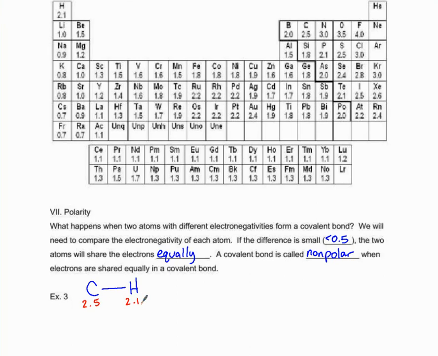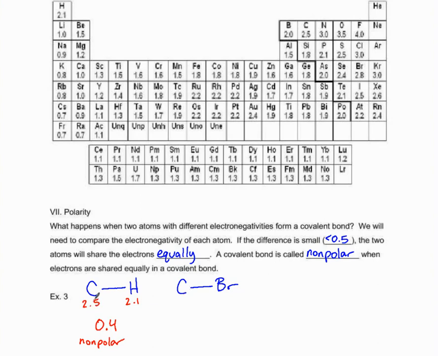And we look at the difference between them. And the difference between 2.5 and 2.1 is 0.4. And that would be less than 0.5. So we could classify this particular bond between carbon and hydrogen as nonpolar. We could also look at a bond between carbon and bromine. So again, we're looking at the electronegativities.